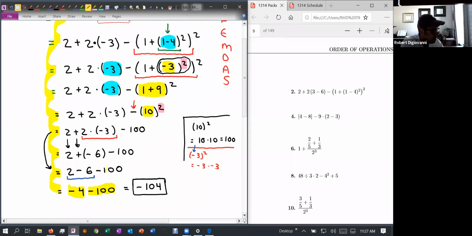One of the most common mistakes I might see on this problem would be here in green. This -3 squared, if you put -9 instead of +9, then everything after that's going to be wrong. But I would still give you a lot of the credit because everything else is done correctly. So you want to show me as much work as possible, so I can identify the mistakes.